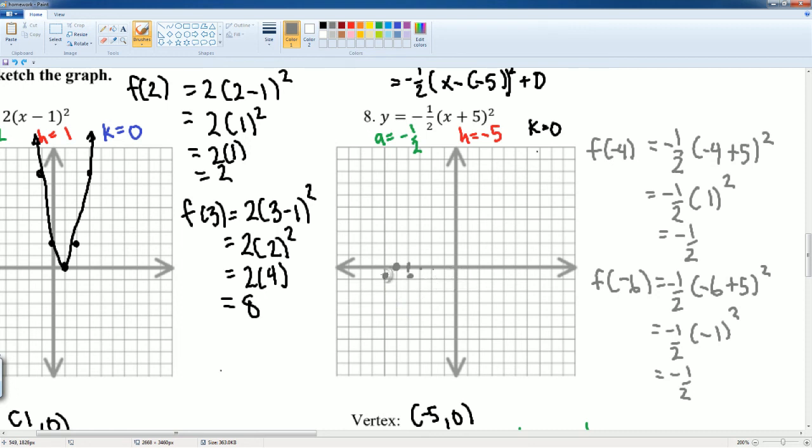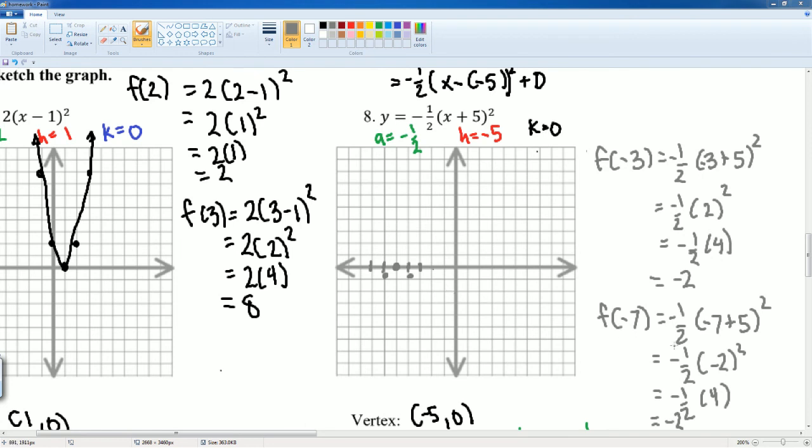I'm going to erase this and see what happens when I plug in one more next to it. So I think this is -3 and -7. Let me do that math here for you. There you go. I did the algebra for you. So when it's -3, that point is -2. And the other one, -7, is at -2 here.